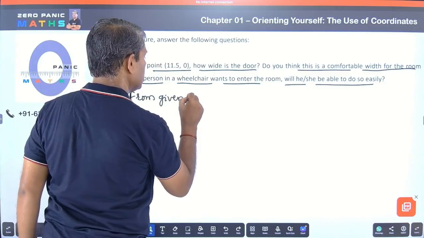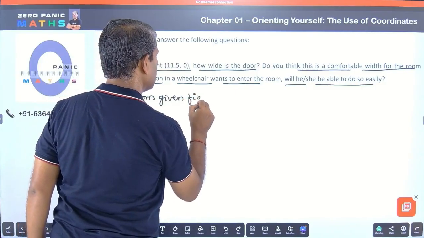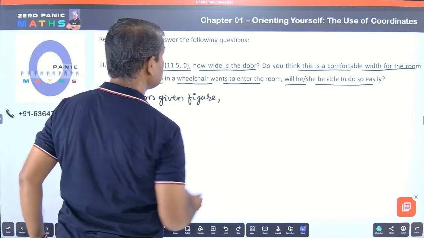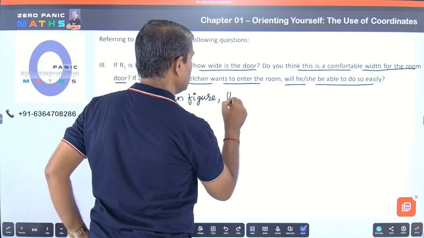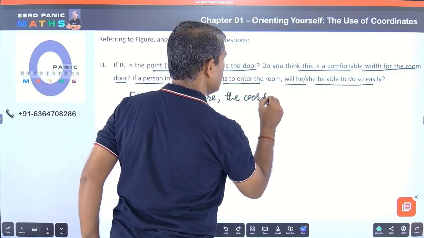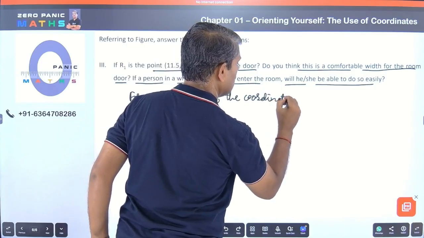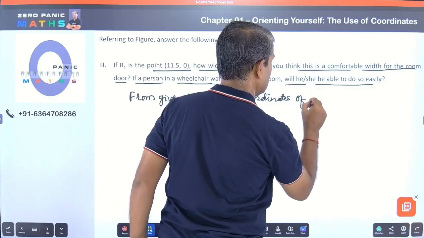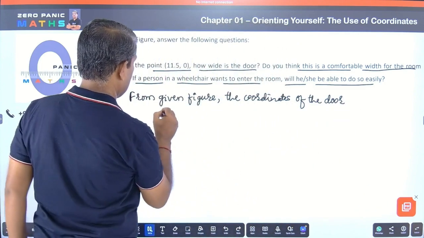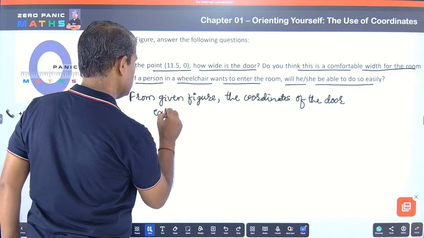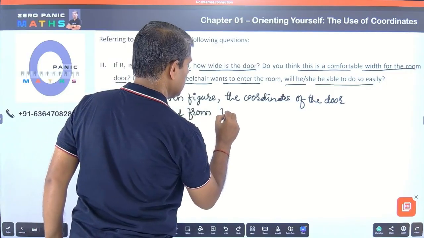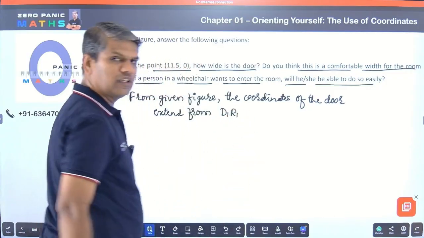From the given figure or diagram, you can say that the coordinates of the door extend from D1 to R1, correct?